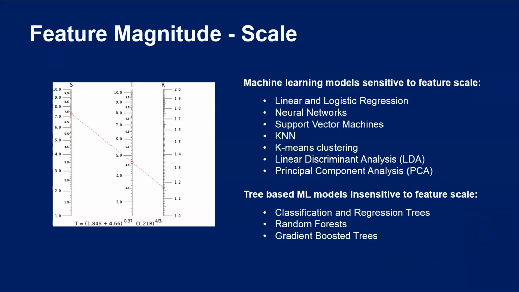And finally, the magnitude of the features also affects model performance. Think, for example, of a length variable. If the variable is in meters and we transform it into kilometers, the coefficient that multiplies that variable will also change if what we are building is a linear model.